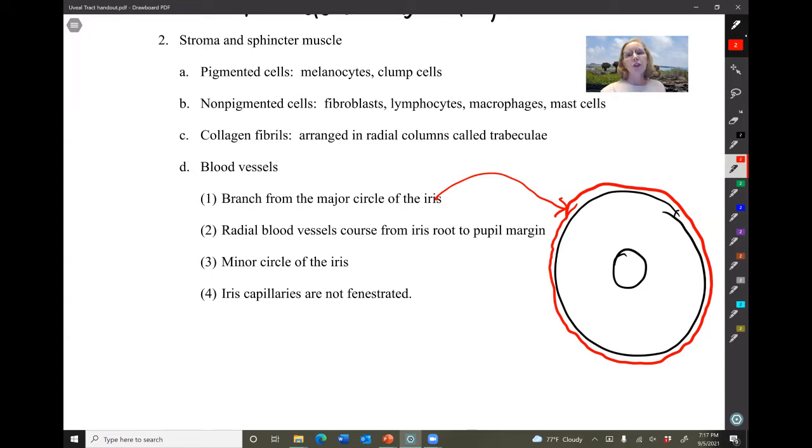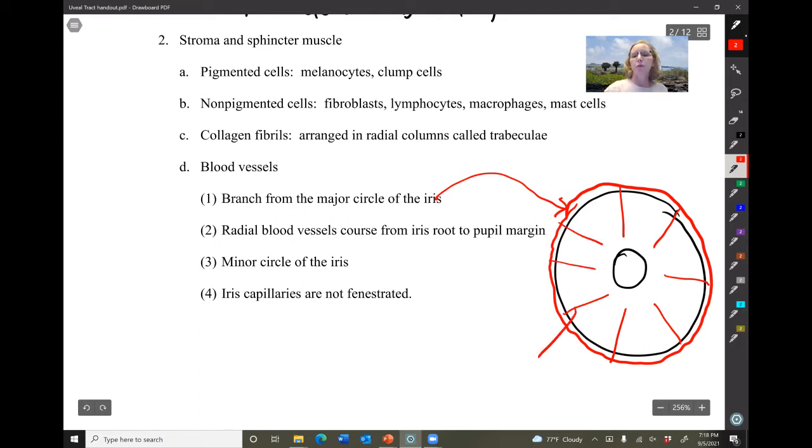From the major circle of the iris, we have radial blood vessels coursing from the iris root to the pupil margin. So these are going to be coming in this direction. Okay, these are our radial blood vessels.